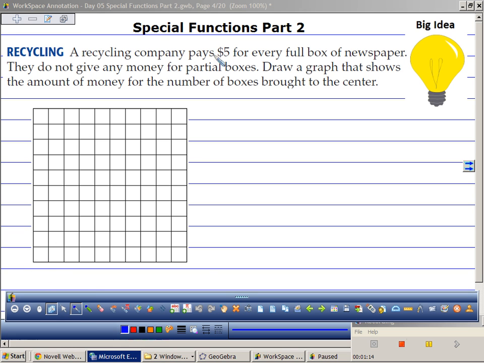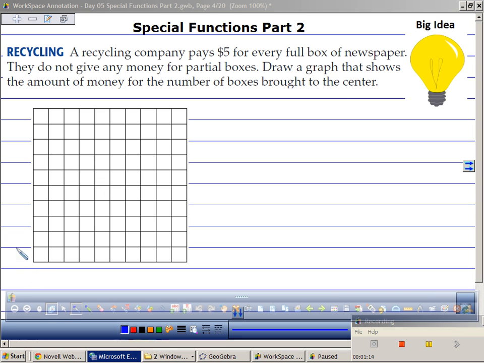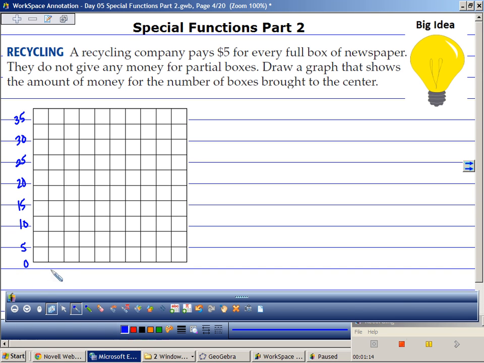So this is going to be $5 for every full box of paper. So I'm going to make this the 5, this is going to be 0, 5, 10, 15, 20, 25, 30, 35. And over here I'm going to put the boxes.